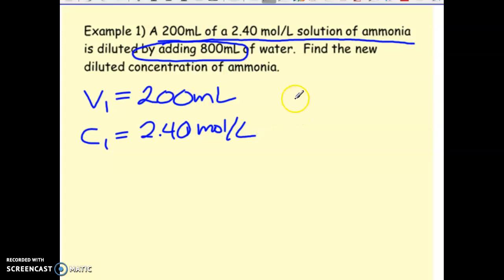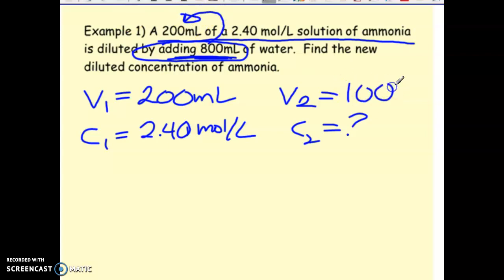Our C2 is what we're trying to find. For the V2, we are adding 800 milliliters to the original solution. So the V2 in this case is going to be 1,000 milliliters, because we have our original stock and then we're adding 800 milliliters of solvent.